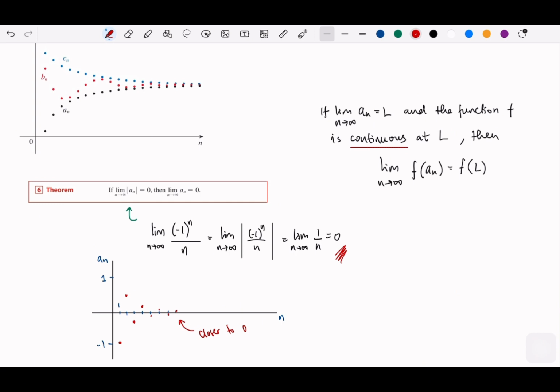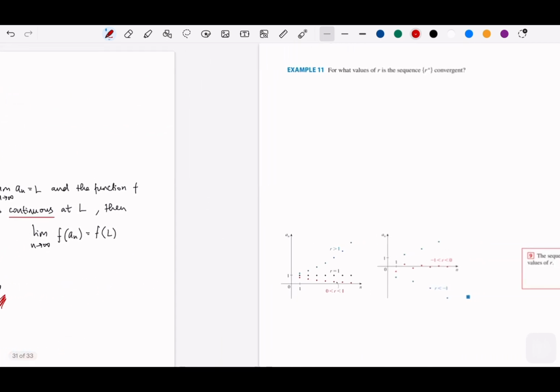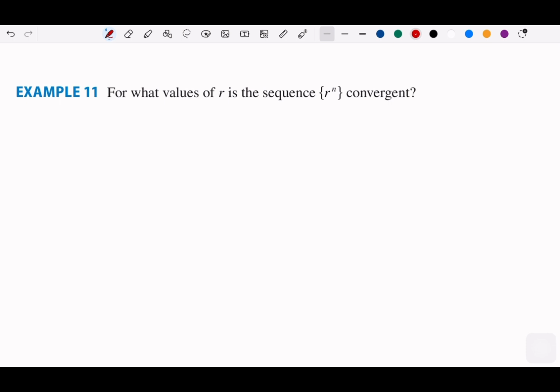Okay, one last thing before we end our lecture. Just an example here. Sometimes you are asked, for what values of r does the sequence r to the power of n converge?